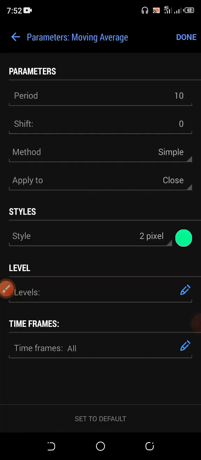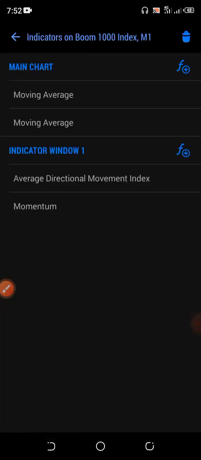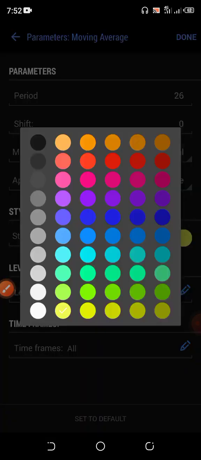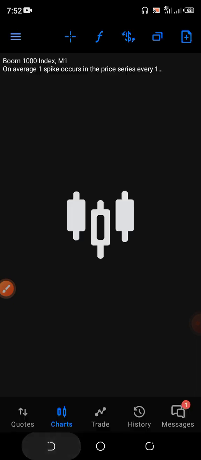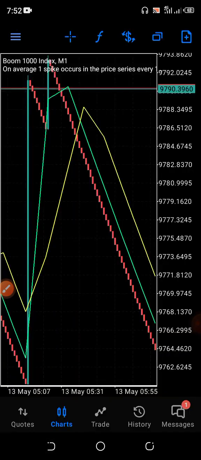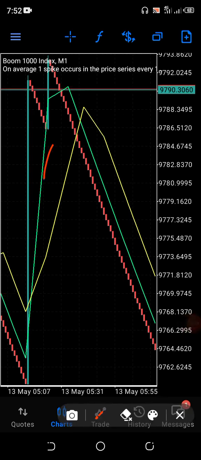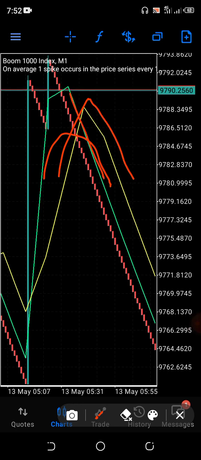Now, this is already simple. Now, moving average 26, let me change it to simple. It is on exponential already. Look at it. Do you see what happened? We were somewhere here, but now it shifted to this place, and this one crosses it here.